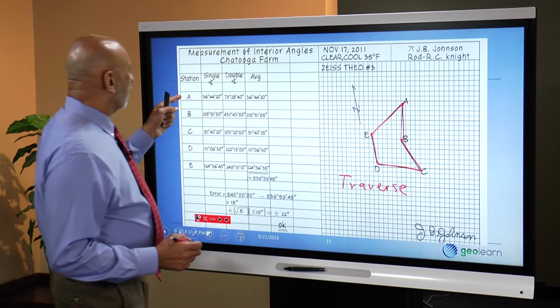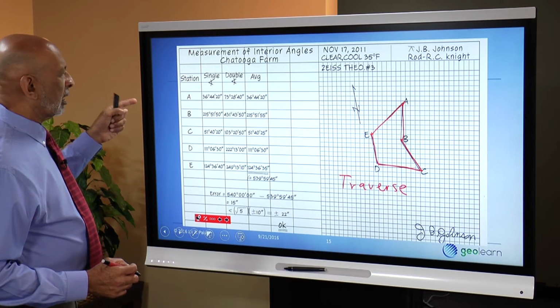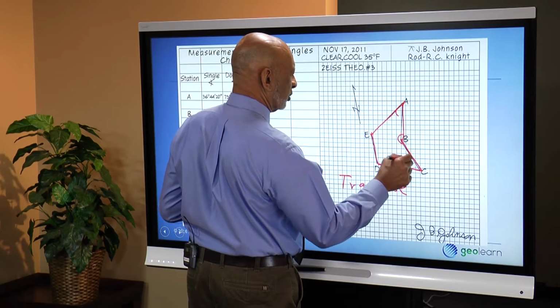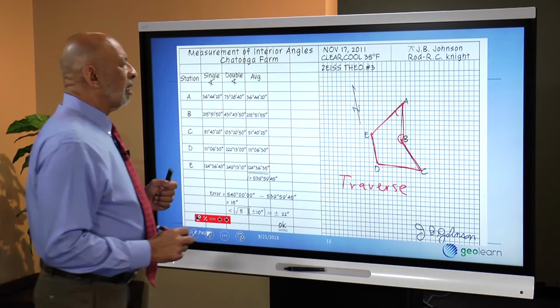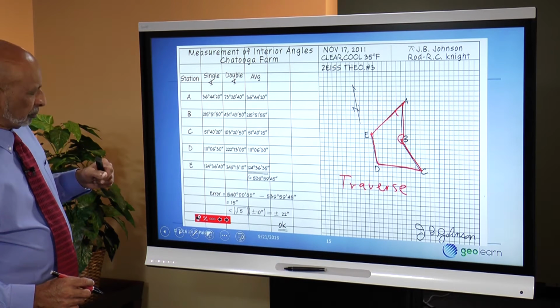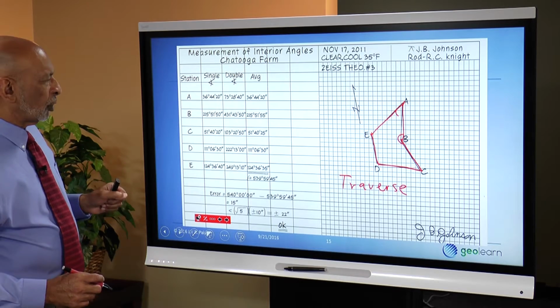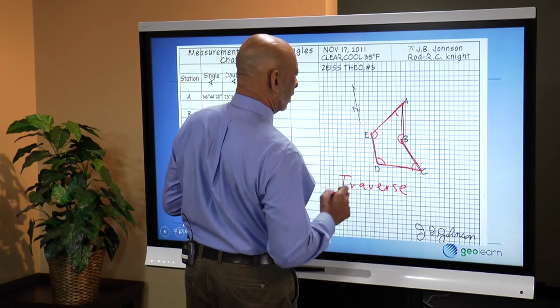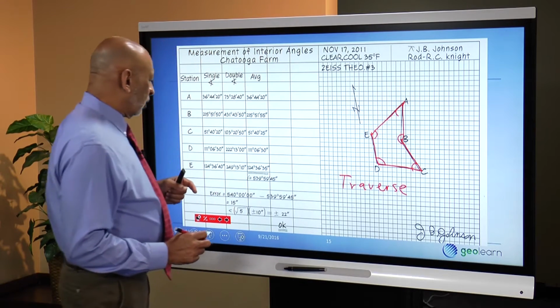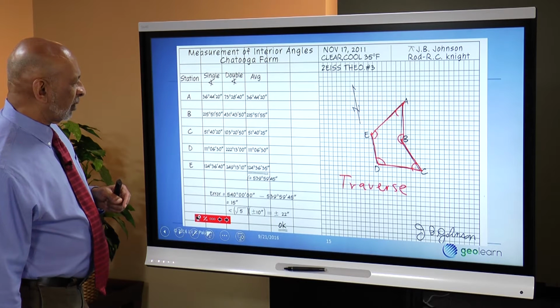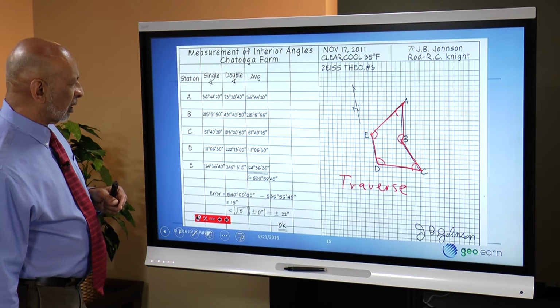So you see angle A, angle B, angle C, angle D, and angle E, and so forth. So these angles are measured, and they were measured twice. But in this case, we don't close the horizon. Why? Because when we add up all these angles, it turns out there is a rule for determining the interior angles of a polygon and what they should sum up to.